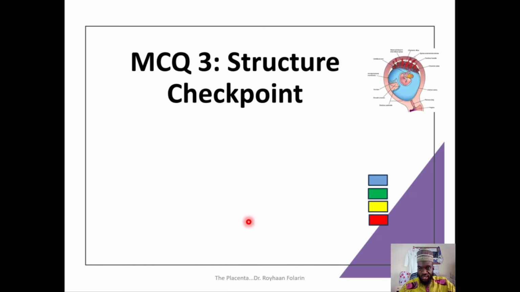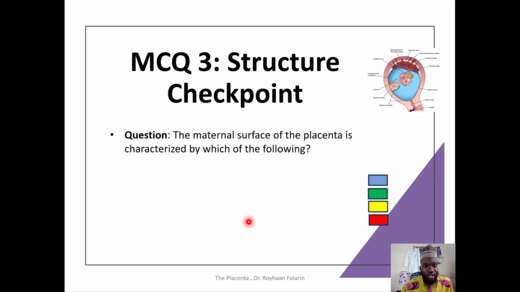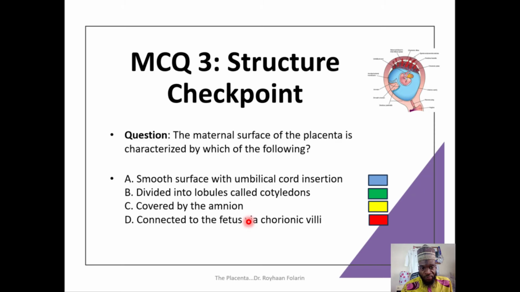So it's time for the check of how far we are doing with the lecture. So here we want to check whether or what you feel is the right answer to the question. The maternal surface of the placenta is characterized by which of the following? Smooth surface with umbilical cord insertion, or divided into lobules that are called cotyledons, covered by the amnion, or connected to the fetus via the chorionic villi.